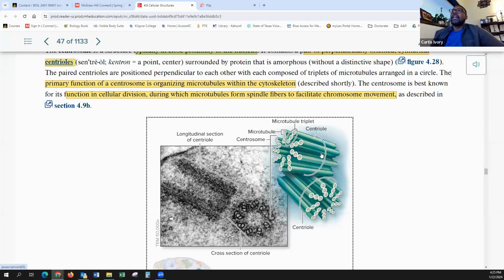If they do not separate those chromosomes properly, that's how you end up with Down syndrome. Essentially, you'll have either an extra chromosome or a chromosome that didn't get split properly. That's due to these. So these have a role in separating our chromosomes when it's time to split.